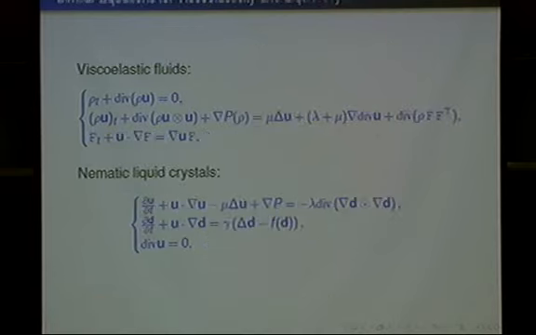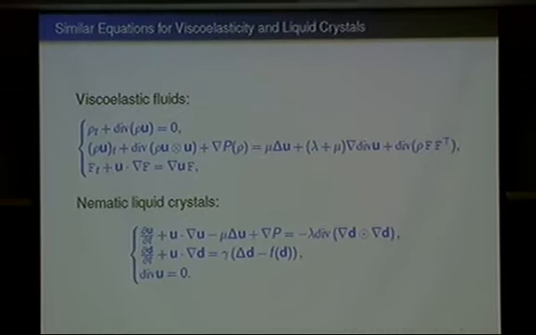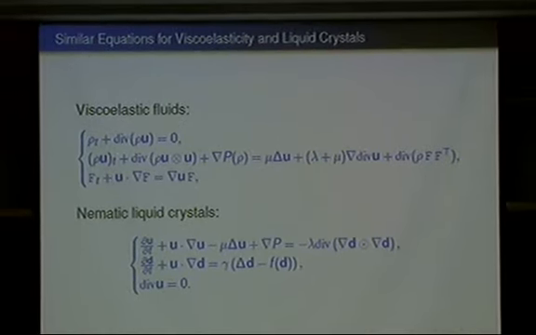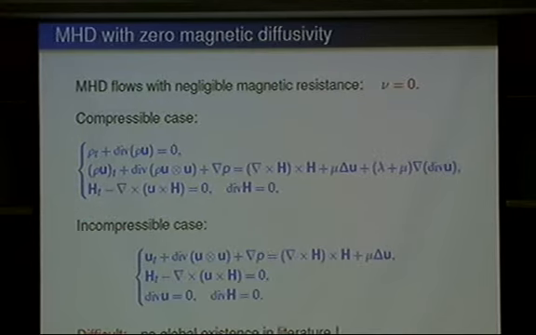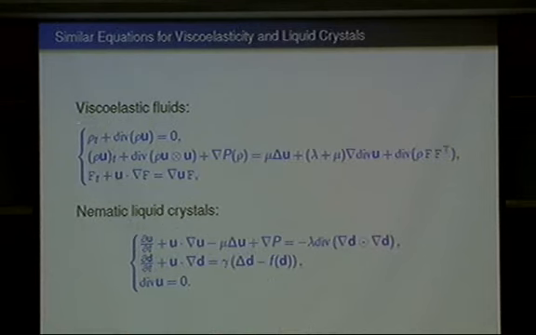Let me show you. This is called viscoelastic fluids. Here are the Navier-Stokes equations, and you have some coupling term here. But if you look at the last equation, which is about the deformation gradient, you don't have any dissipation either. You don't have any viscosity or anything else, so it's just like this one.